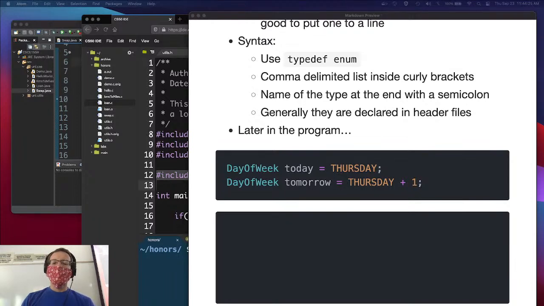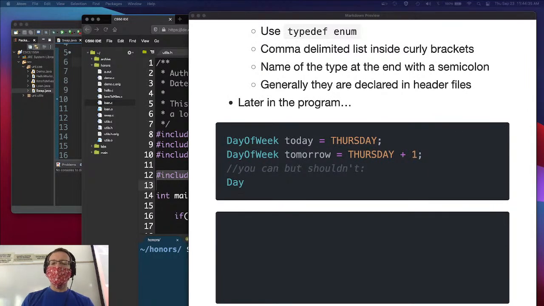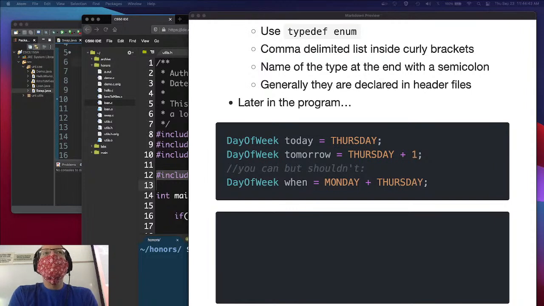Except that you can also do things like you can, but shouldn't, do the following. Today, or let's say a DayOfWeek when is equal to MONDAY plus THURSDAY. What is Monday plus Thursday? Friday? Is it? Okay.